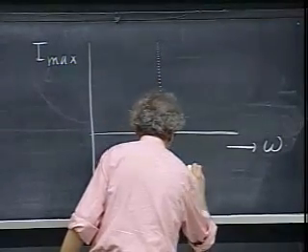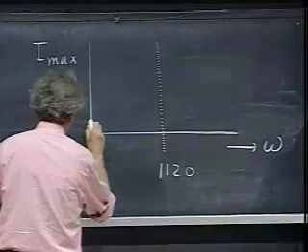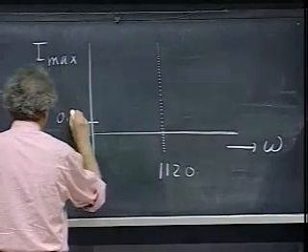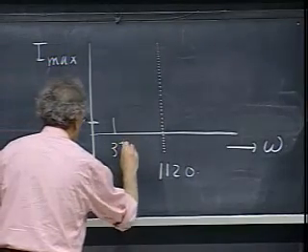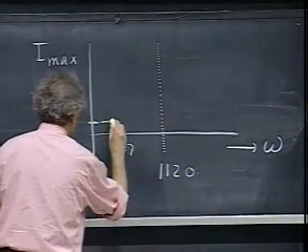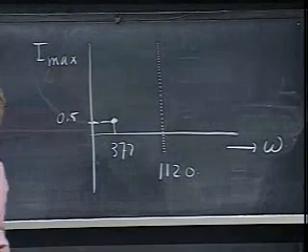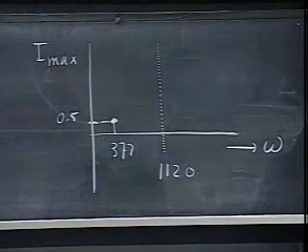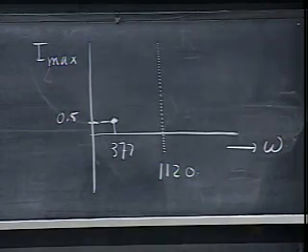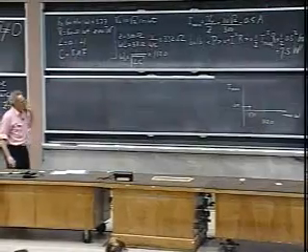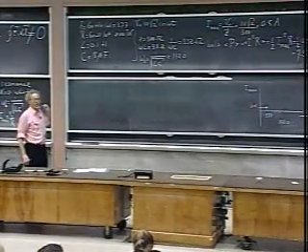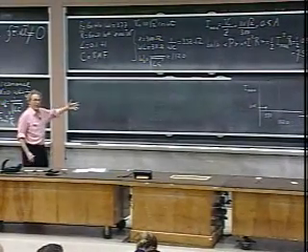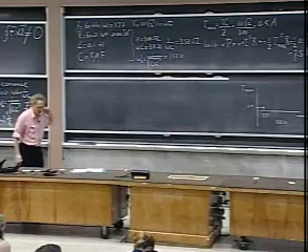When this was 1120, we had about 0.5 amperes at our value of 377. So this is 1 point of our I max versus omega curve. I can now ask the question, if we drive the system at resonance, what then would have been the maximum current? We're not driving it at resonance, but suppose we had driven it at resonance.